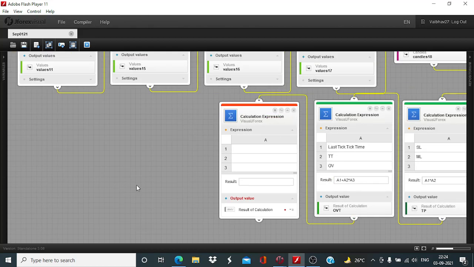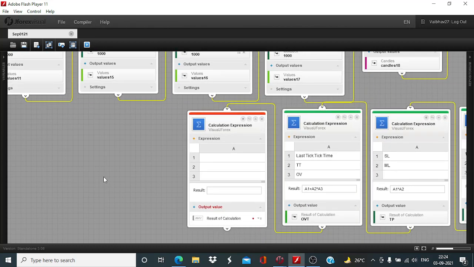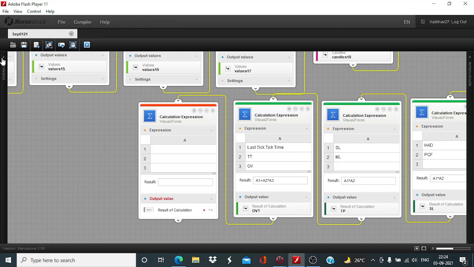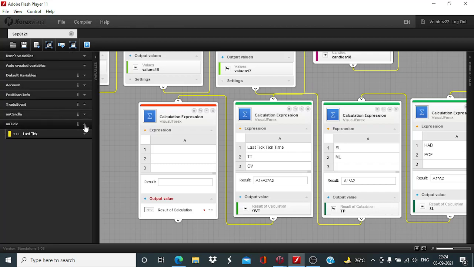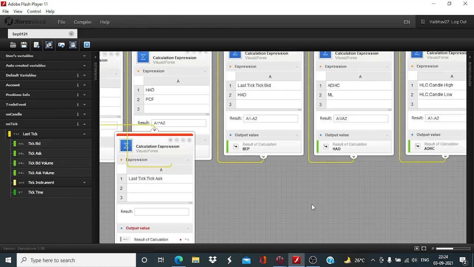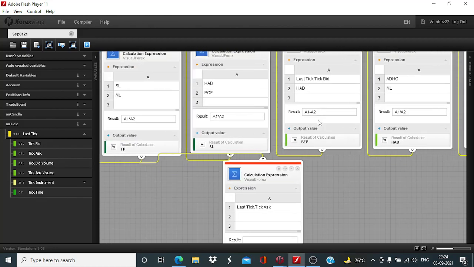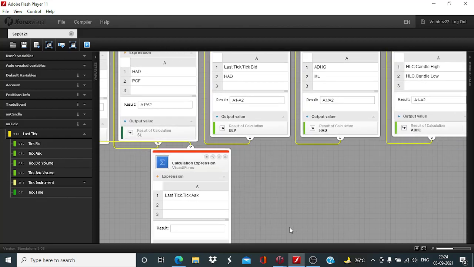Okay, and here we have to take the last tick ask, and take half of the difference which we have calculated here.